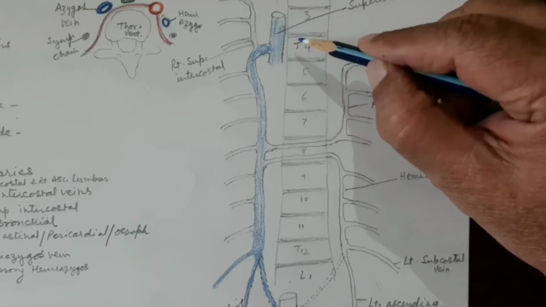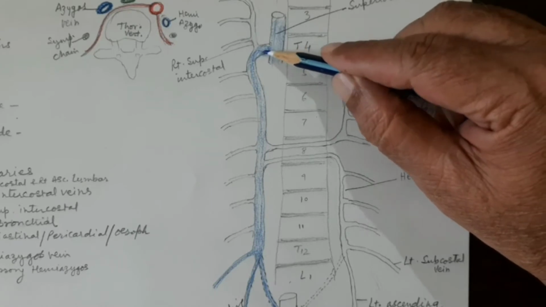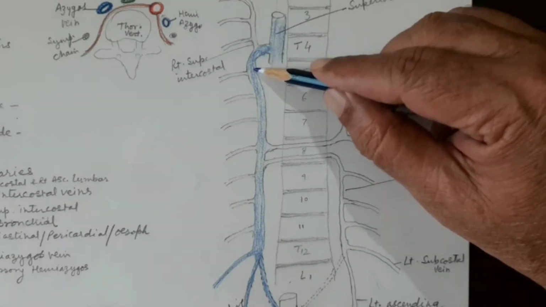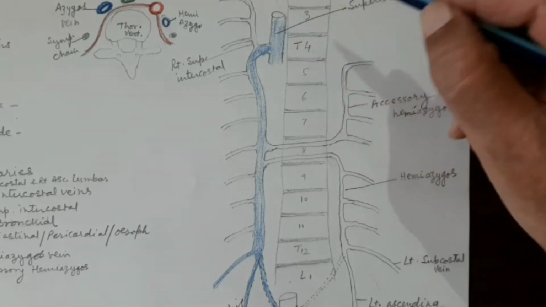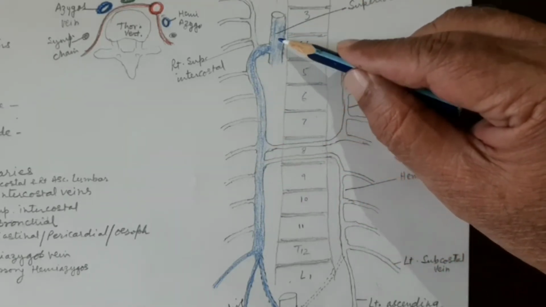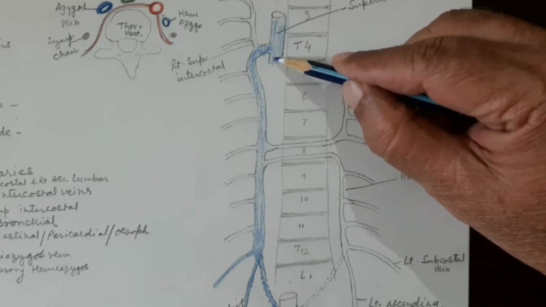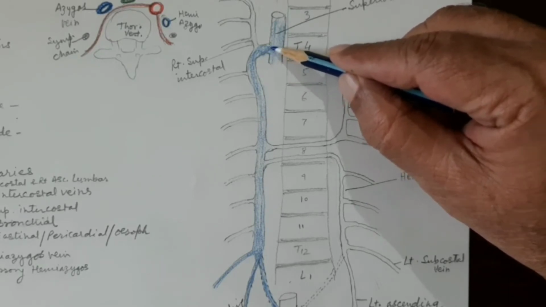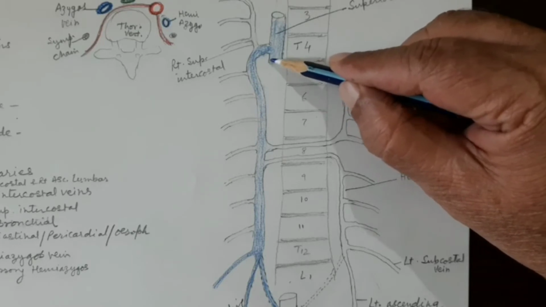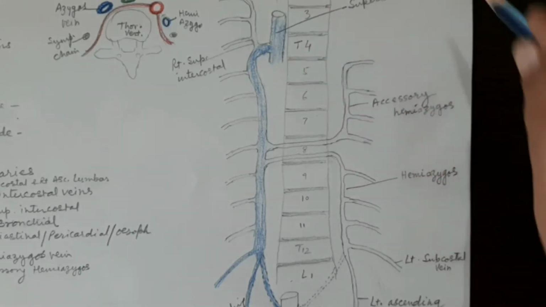So at the level of T4, near the lower border of T4, this azygos vein will open into the superior vena cava. Whatever blood it brings, it will pour into the superior vena cava, and this is just at the level where the superior vena cava is penetrating the pericardium.